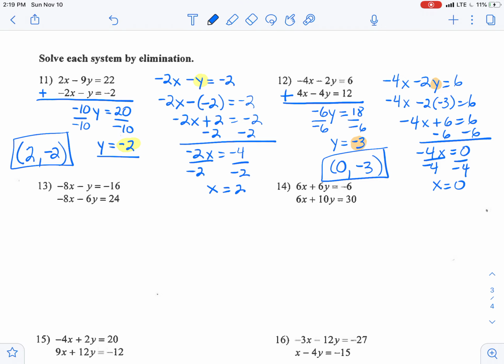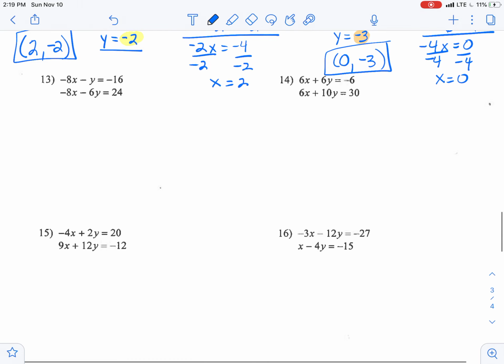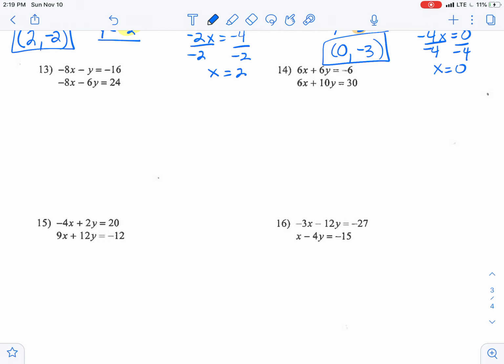Now let's look at the next type of elimination. When I look at my x's, or if I look at my y's, the question is, when I add down, is either one going to eliminate?